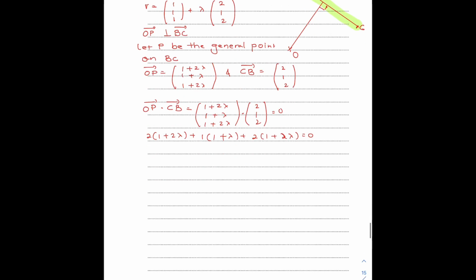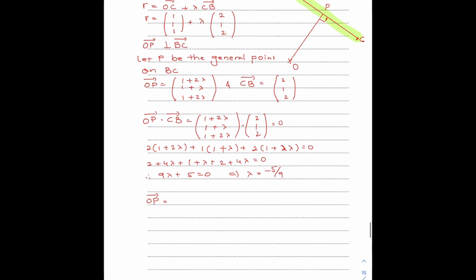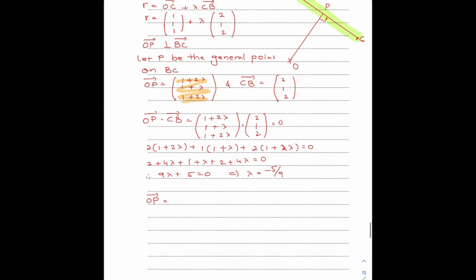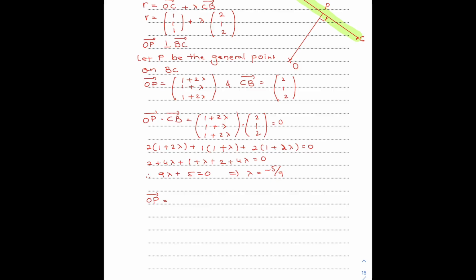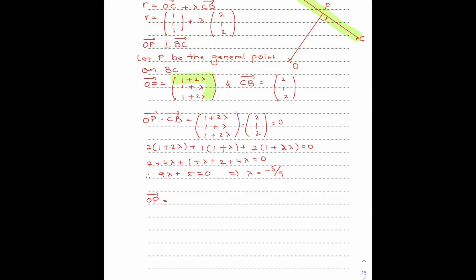So I'm multiplying it: 2 times (1 plus 2 lambda) plus 1 times (1 plus lambda) plus 2 times (1 plus 2 lambda) is 0. So that gives me 2 plus 4 lambda plus 1 plus lambda plus 2 plus 4 lambda is 0, which is 9 lambda plus 5 is 0. Lambda is negative 5 over 9.